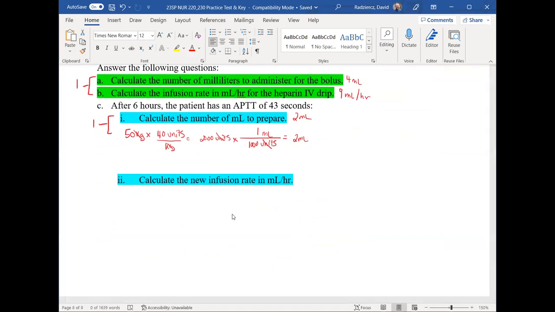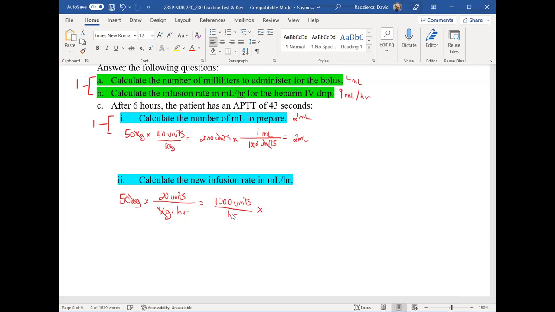So I'm going to take the same patient, same weight, 50 kilograms, and instead of 18 units per kilogram, I'm going to do 20 units per kilogram per hour. I'm going to get 1,000 units per hour because I got rid of kilograms, right?